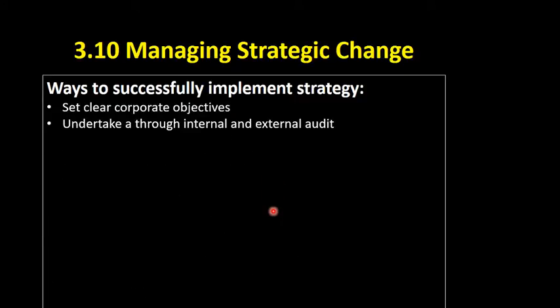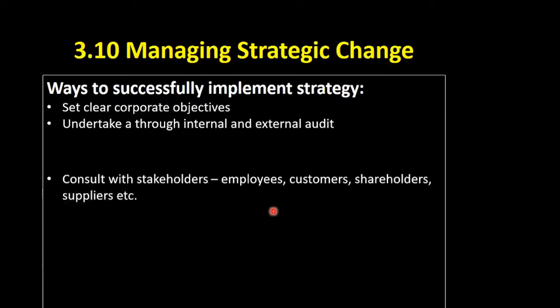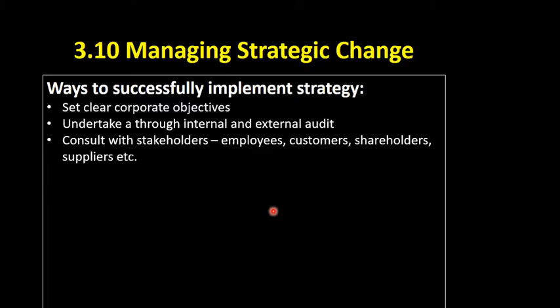Well, we've talked about these. We set our clear objectives. Without clear objectives, we're not going to have a good strategy. Without knowing where we are through our internal and external audit, we're not going to have a good strategy. If we don't know where we are, how can we decide how to get where we're going to go?